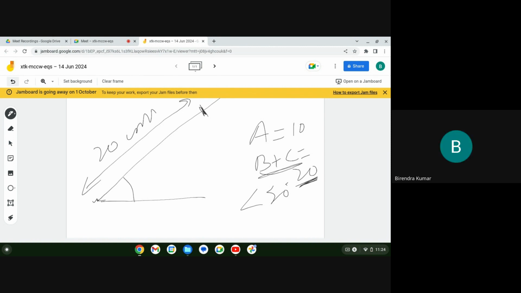So far, so good. Now, wherever you mark 20 centimeters, join this one with the other end of the base of the triangle. Now, measure this angle using the protractor. After you join these two, measure this angle.